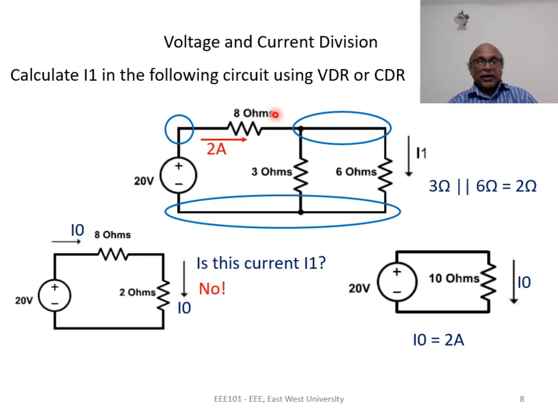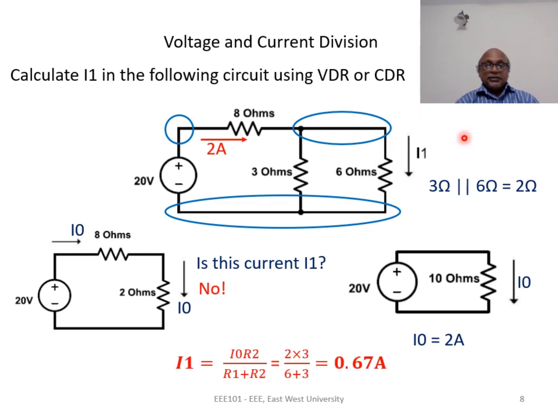We know the total current, so we can easily calculate I1. Let's write CDR. I1, the total current is I0, which is 2 ampere. Then 6 ohms is our R1, 3 ohms is our R2. So R2 by R1 plus R2 is 3 by 6 plus 3. If we do the calculation, I1 turns out to be 0.67 ampere.